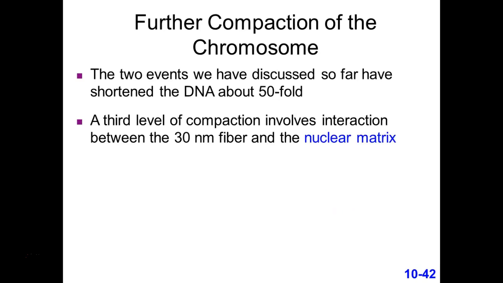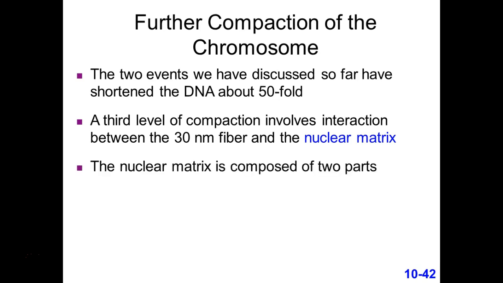The third level of compaction involves the interaction between that fiber, however it's arranged, zigzag or solenoid or something else, and protein matrices within the nucleus itself, almost like a scaffolding. So that matrix is composed of two parts, what's referred to as the nuclear lamina.